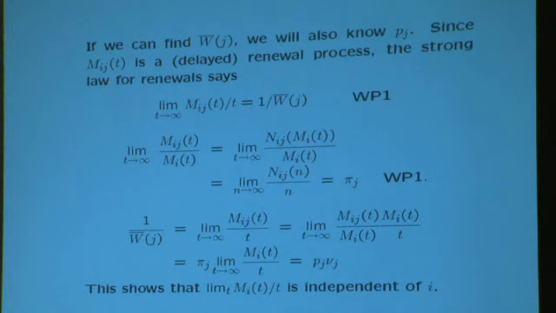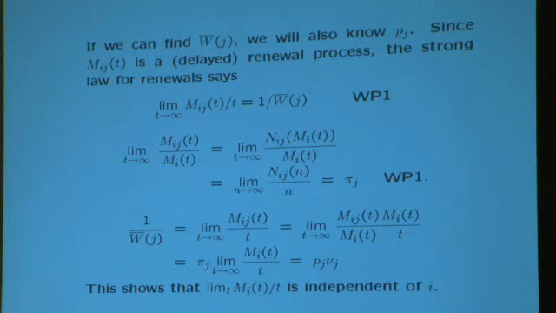We then have 1 over w sub j, that's what we're trying to find, is equal to the limit of m sub ij of t over t, which is the limit of m sub ij of t over m sub i of t times m sub i of t over t. We break this into a limit of two terms, which we've done very carefully before. And this limit here is pi sub j.